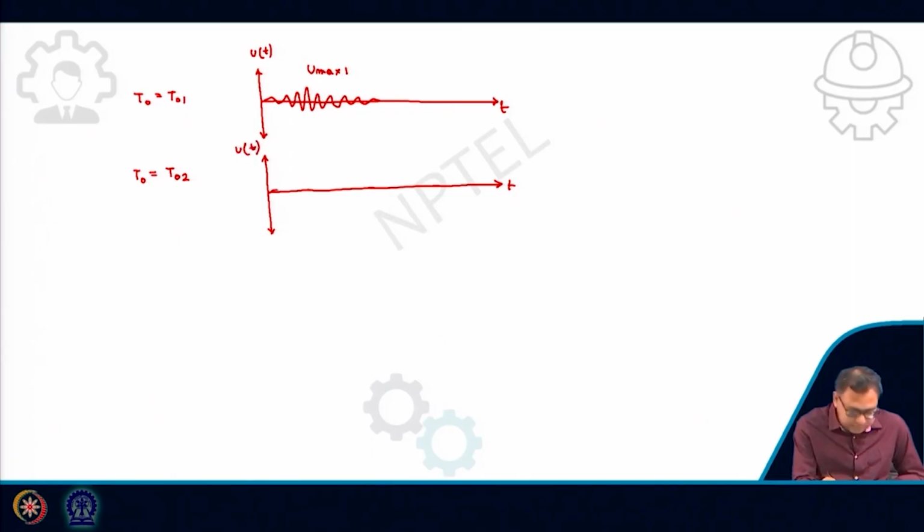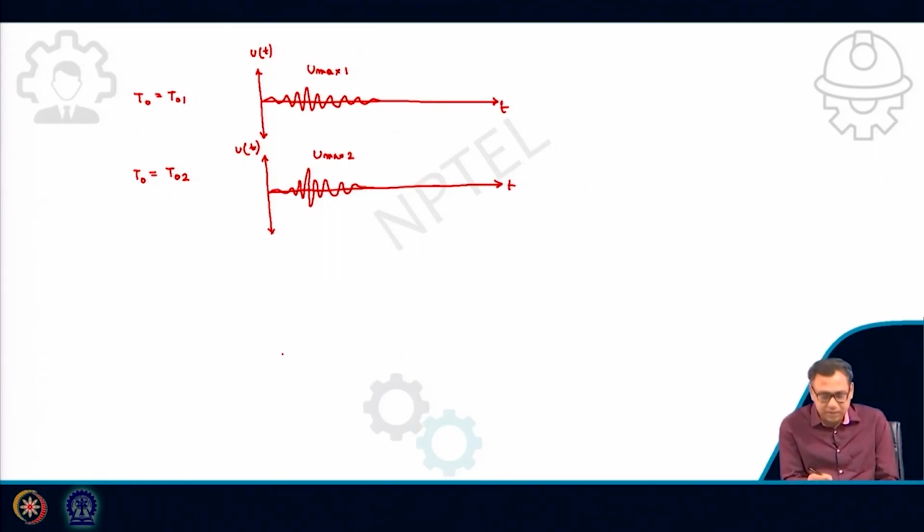Say I will get this type of response. For example, from here I will again get u max 2. That can be up, that can be down also. It is not always positive, it can be negative also. Here this can be u max.